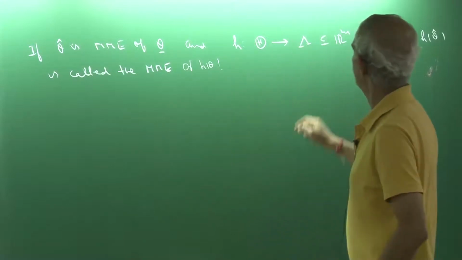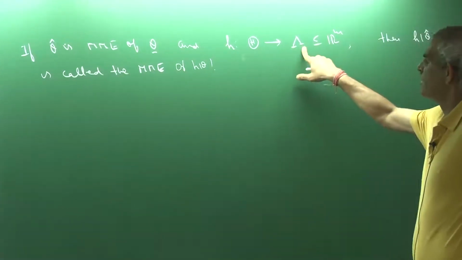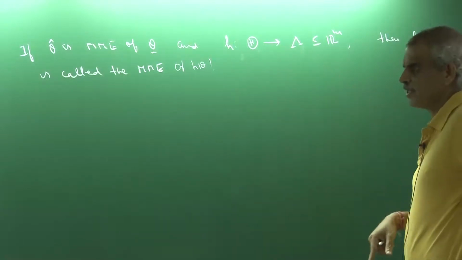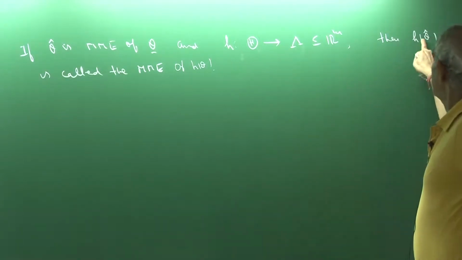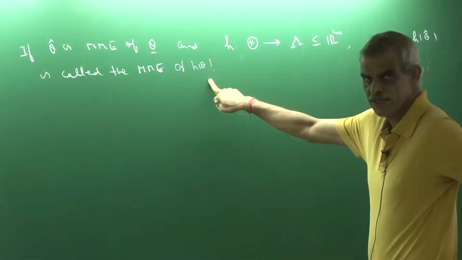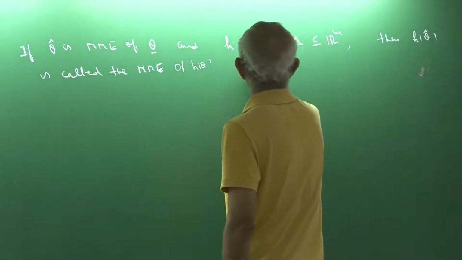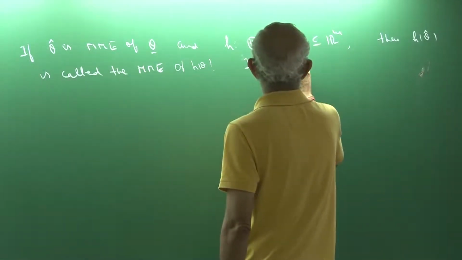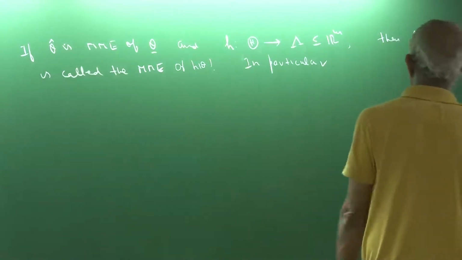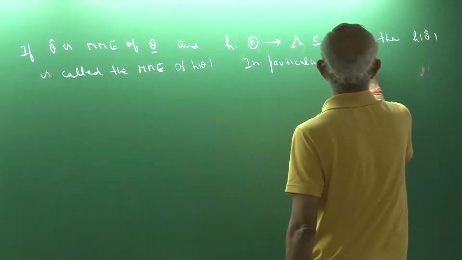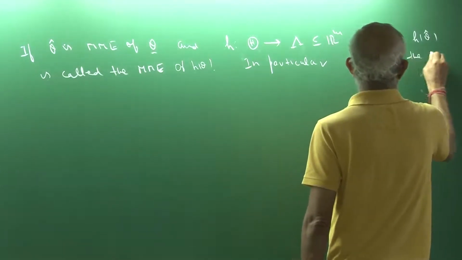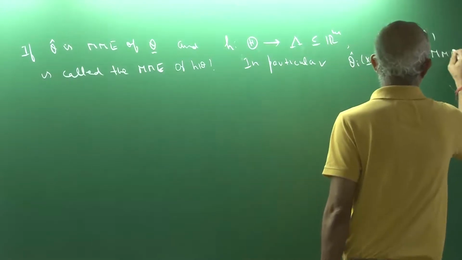In particular, if this function just takes the i-th component, h(theta 1, theta 2, ..., theta k) equal to theta i, then theta i hat would be the MME of the i-th component, theta i. So in particular, if theta hat is the MME of theta, theta i hat is the MME of theta i.